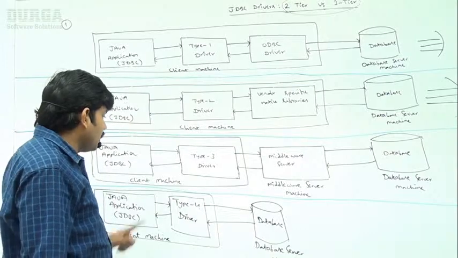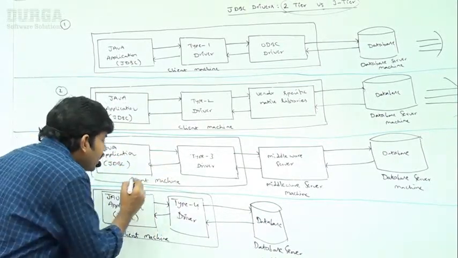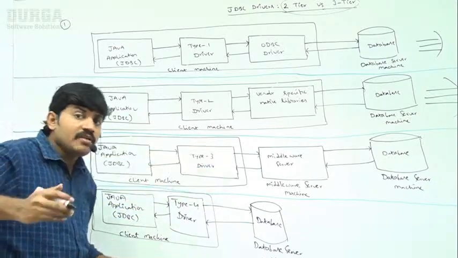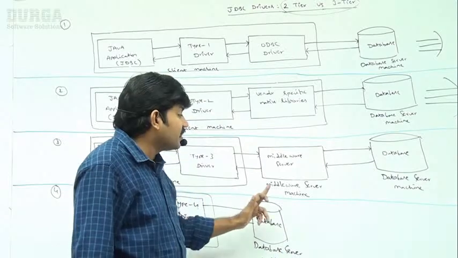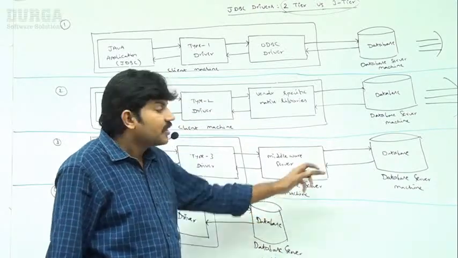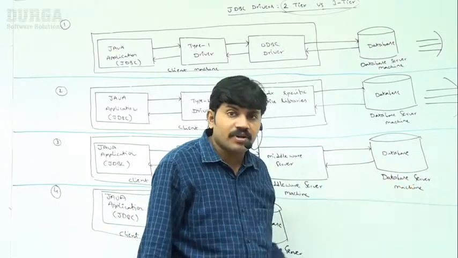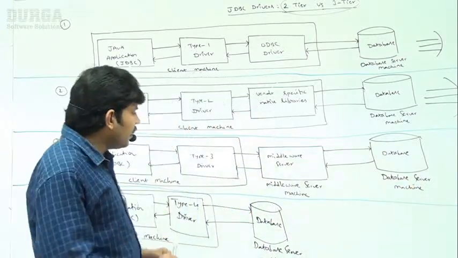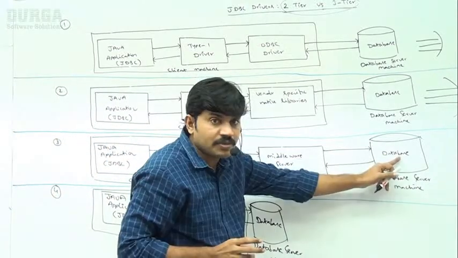So total, how many here, observe? Java application and the type 3 driver are located on the client machine. Middleware server may be located on a different machine. That machine is by default considered the middleware server machine. Database is located on a different machine. That machine is the database server machine. Are you getting it, right? Sir, here client machine, middleware server machine, and database machine.